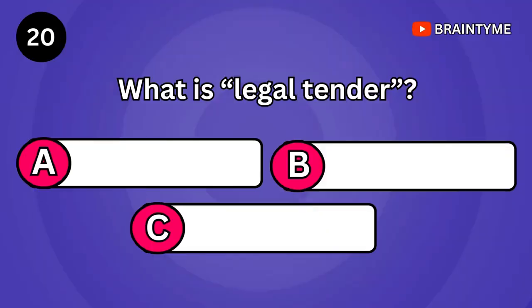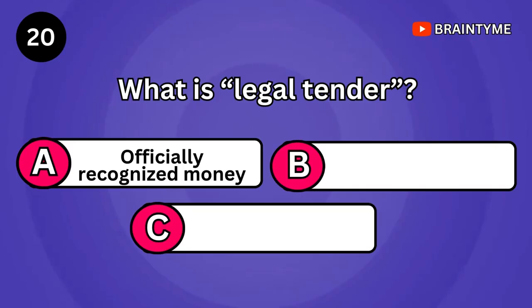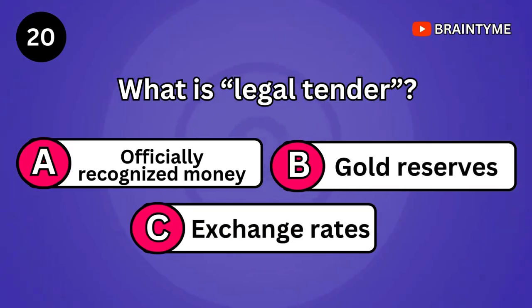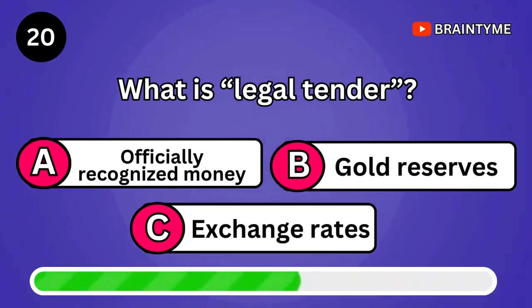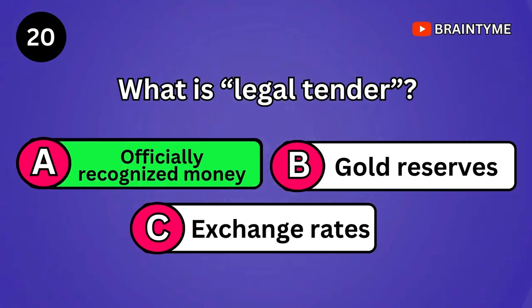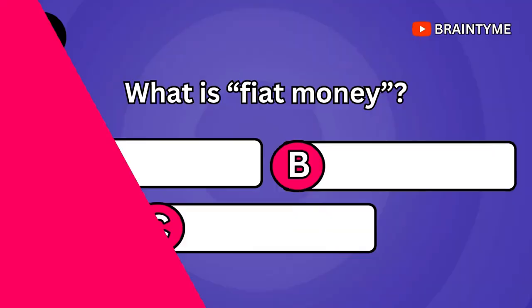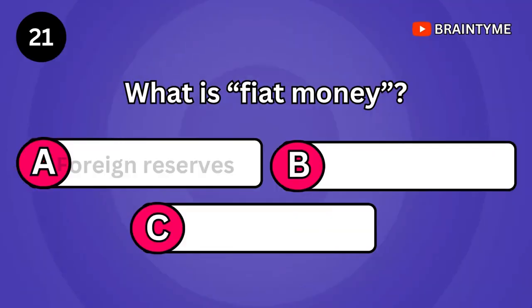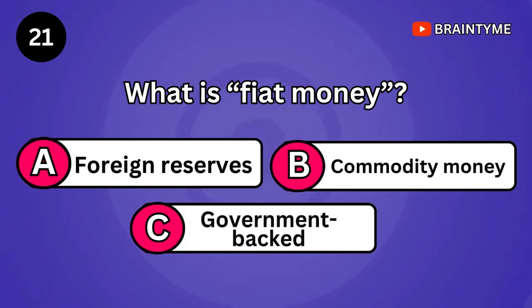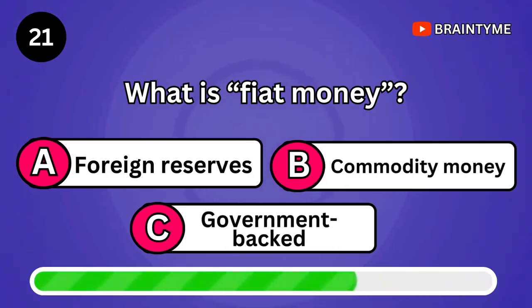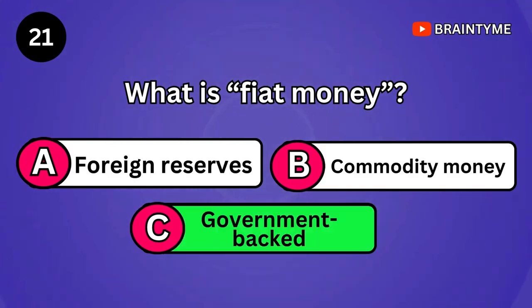What is legal tender? Money that law recognizes for settling debts. What is fiat money? Currency backed by government decree, not a commodity.